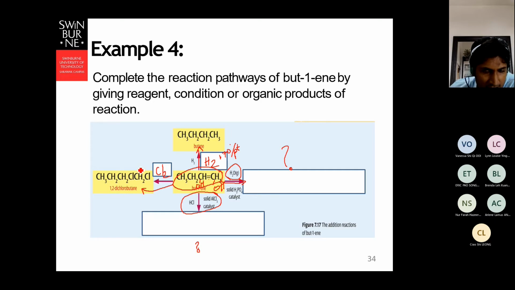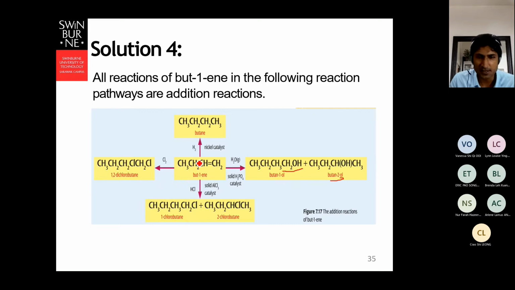If we count, this is carbon 1, this is carbon 2, this is carbon 3, this is carbon 4. So the hydroxyl will not discriminate between carbon 1 and carbon 2 because they are not distinguishable. It will bind to both, but not in the same molecule, in different molecules, and they will produce not 50-50, but 40-60, something like that.